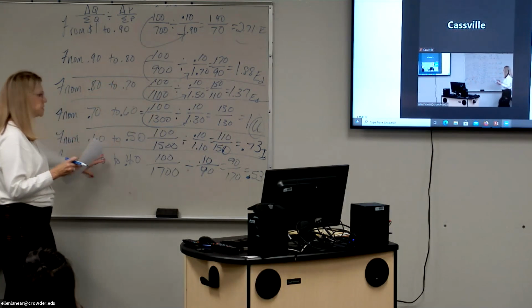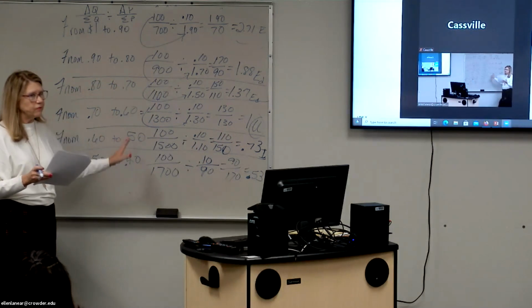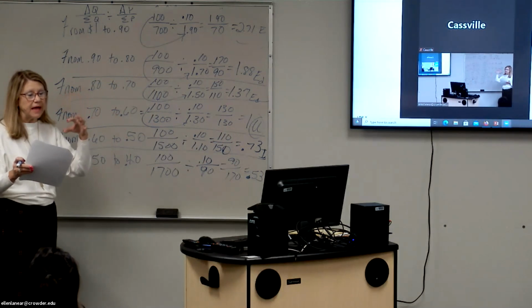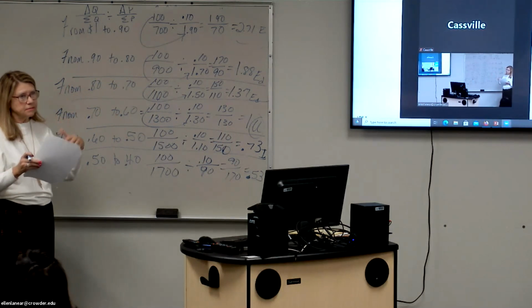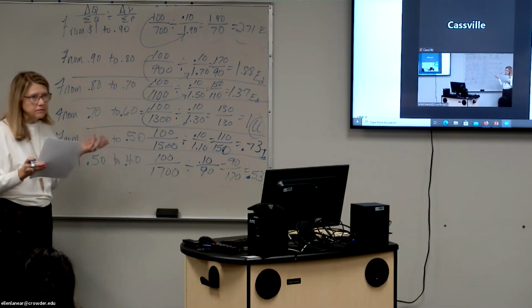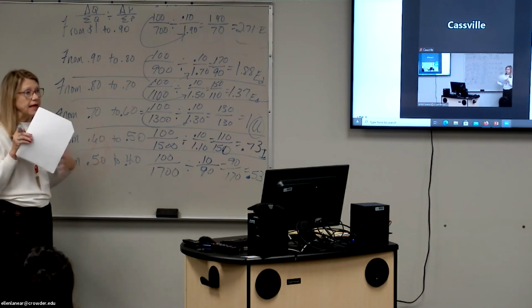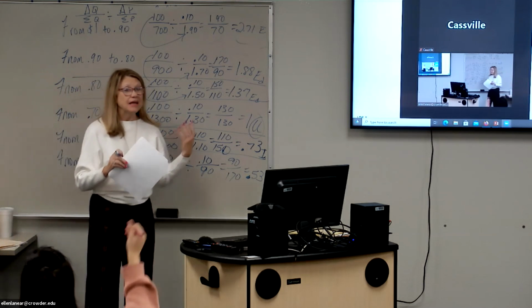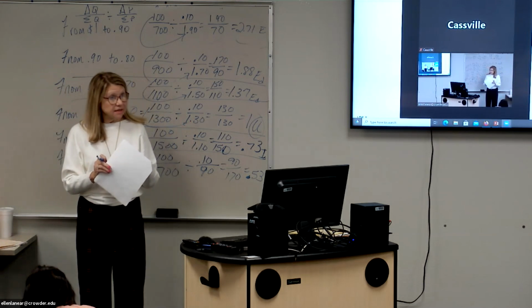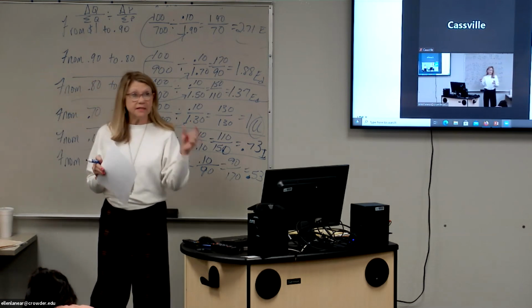Okay, so does this make sense? Now we're just using midpoint formulas: change in quantity divided by the quantities added together, change in price divided by the prices added together, and work that fraction. You get elastic or inelastic, but there is an easier way to determine elasticity if you have enough information. Total revenue test, price times quantity.